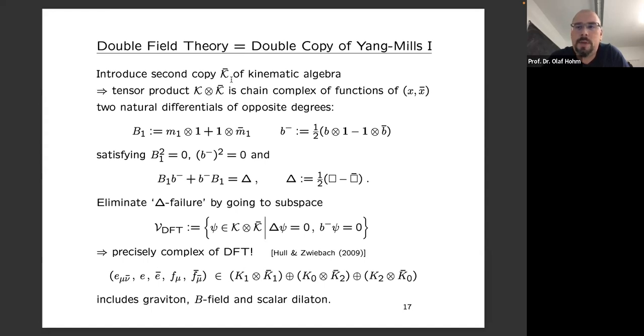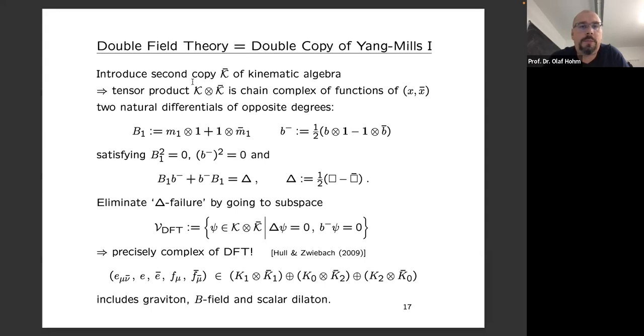So it's exactly the same kind of algebra, except there's a second copy for every function, for every field, and also for the coordinates on which things depend. So now objects in this tensor product are naturally functions of two sets of coordinates, x and x bar. And that's the origin of the name of double field theory, that it depends on double coordinates.